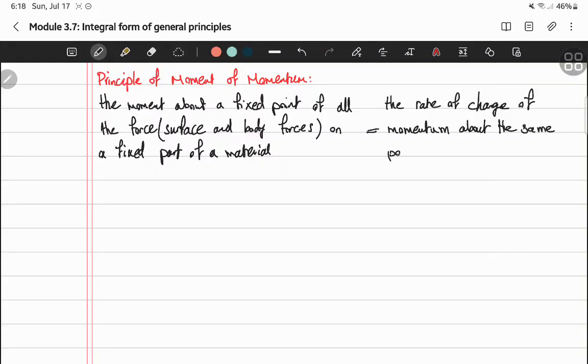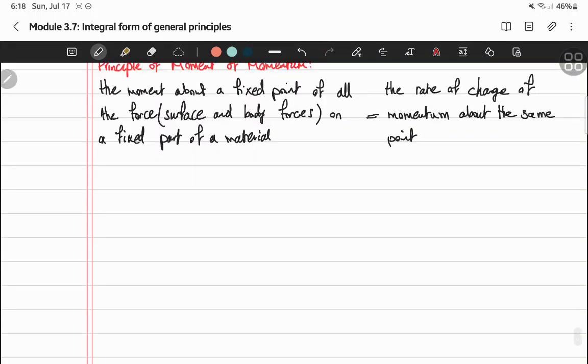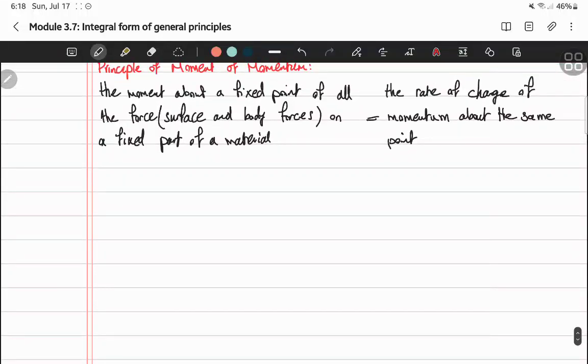Same point. So here we have the moment. If you remember from statics, the moment was r cross f. You had a force f, and you also had a vector r. So r cross f was the moment.